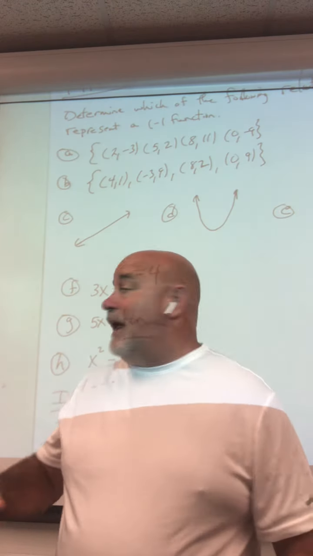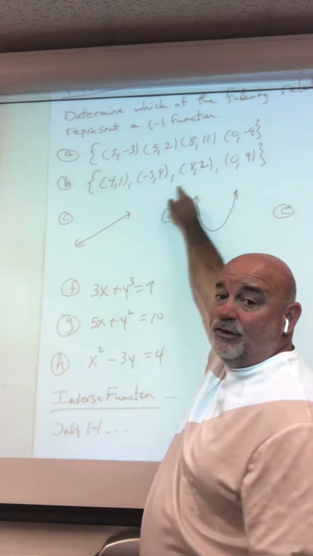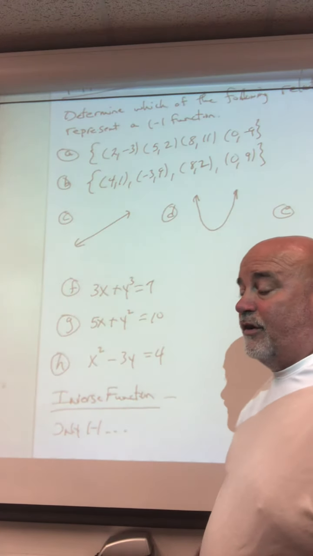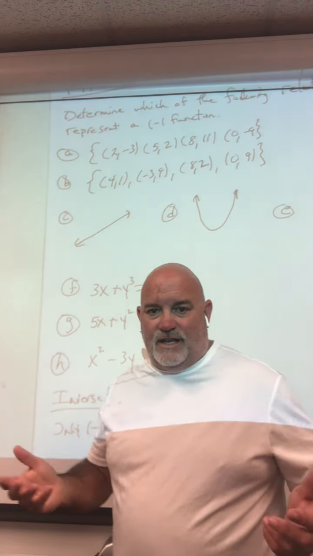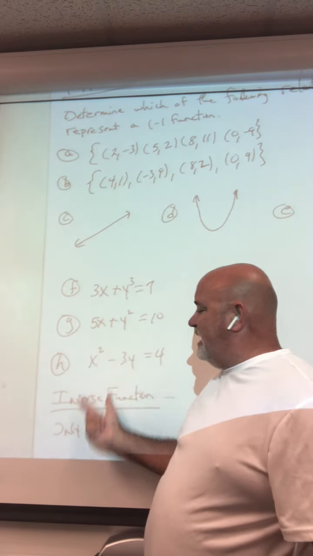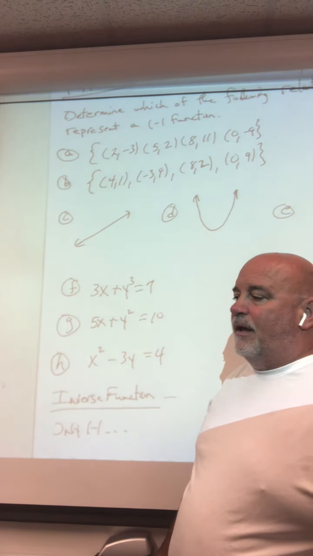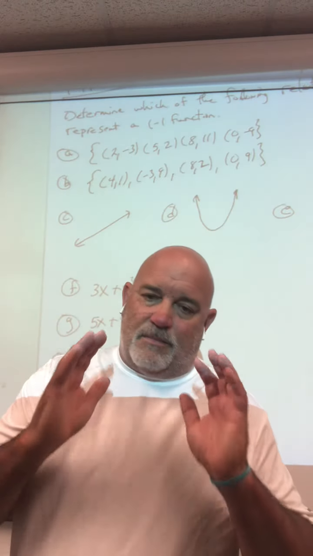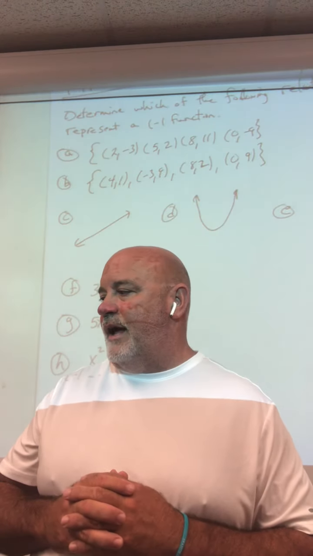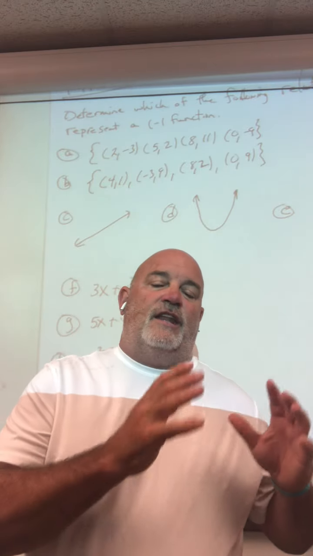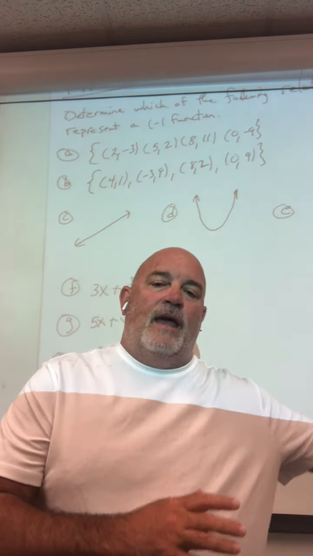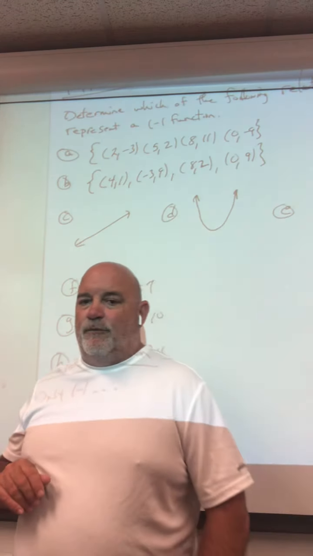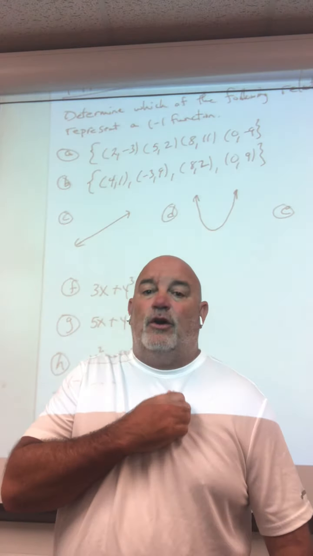Like this one right here, I would expect you to know that that one doesn't have an inverse function. Ordered pairs are always easy. But when we get to these problems, that'll be a little bit different. But the main takeaway from what you just wrote down is that only a one-to-one function has an inverse function. If it's not a one-to-one function, it can't have an inverse function.